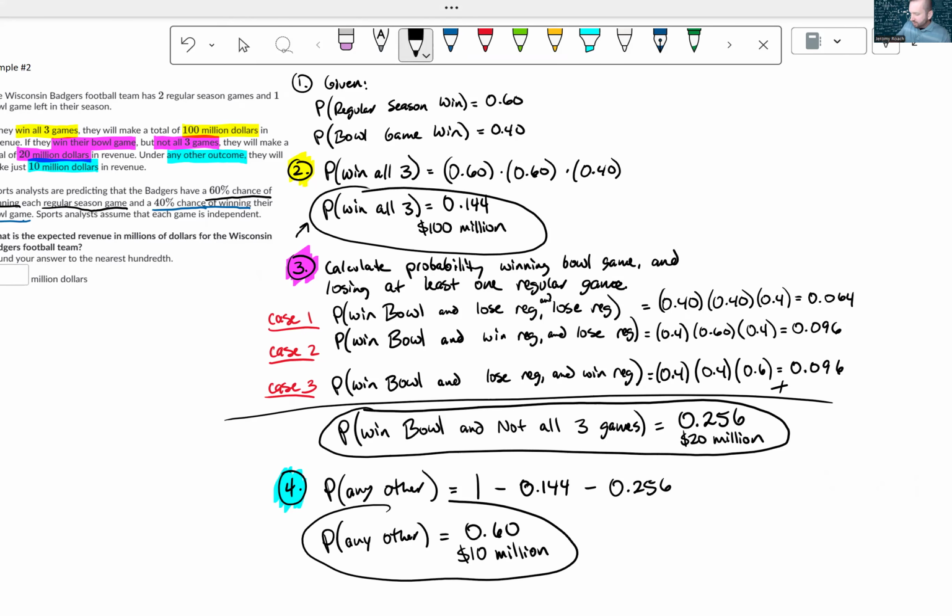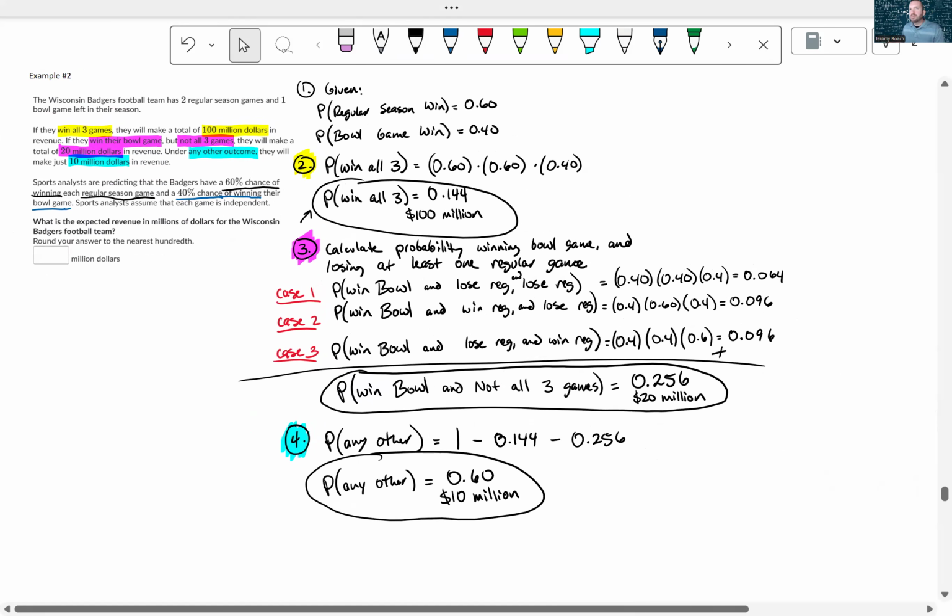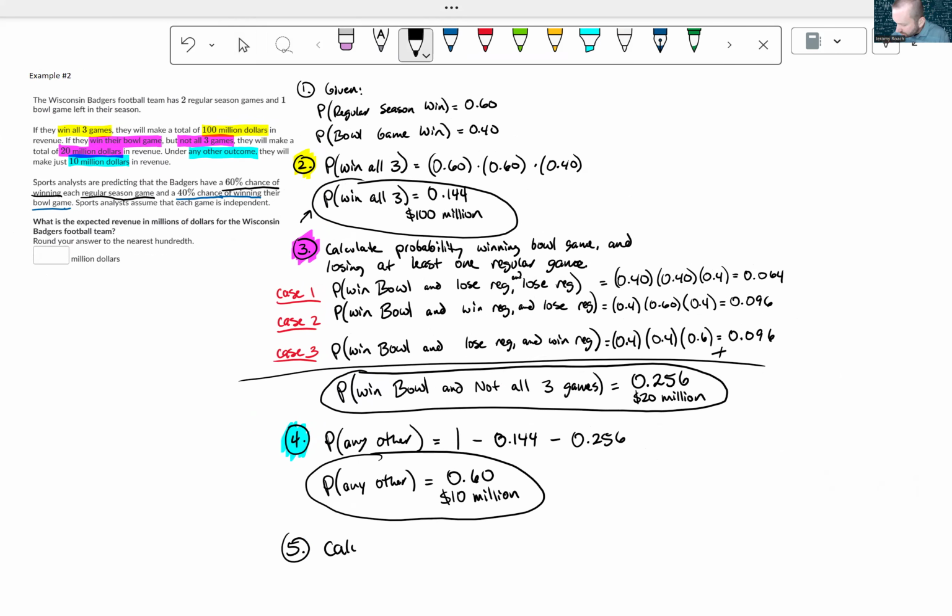All right, that was the tough part, finding all the probabilities in order to calculate the expected value. So now for our last step, we're going to calculate the expected value of all of these different situations happening.